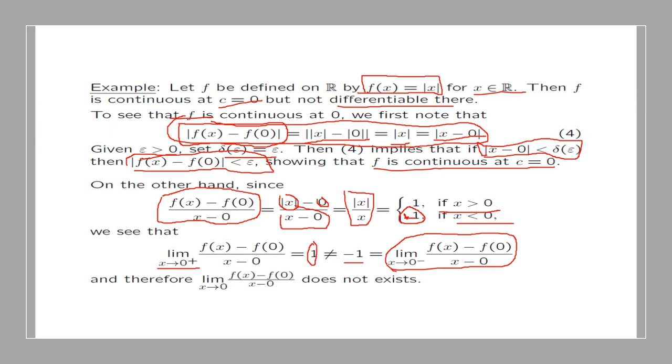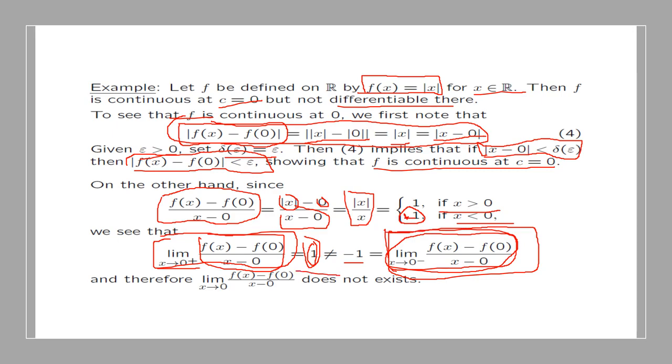So the limit from the left of this expression is different from the limit from the right of that expression. The limit as x goes to 0 from the right is equal to 1, whereas the limit as x goes to 0 from the left is equal to minus 1.